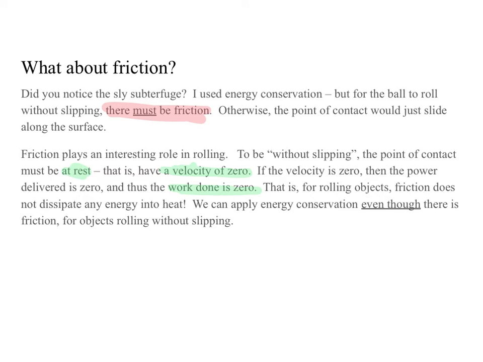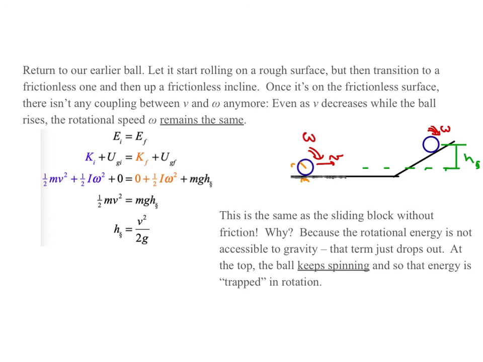It has some interesting roles here. In fact, what friction ends up doing is keeping things at some constant velocity, if the object, and we should always stress this, is rolling without slipping. Let's return to the earlier ball. Let's start it rolling on a rough surface, but then transition to a frictionless surface, and then up a frictionless incline. Once it's on the frictionless surface, there isn't any coupling between v and omega. So it rolls along here until it reaches this point, and now it is going to be sliding, essentially, all the way up here.